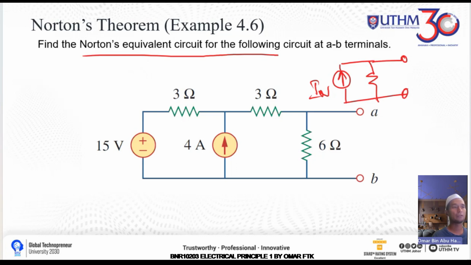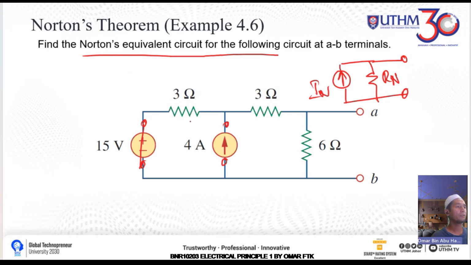So use the same method as previously, right? First get Rn. For Rn, this one will be open and this one will be short circuit, so then you can get your equivalent Rn.